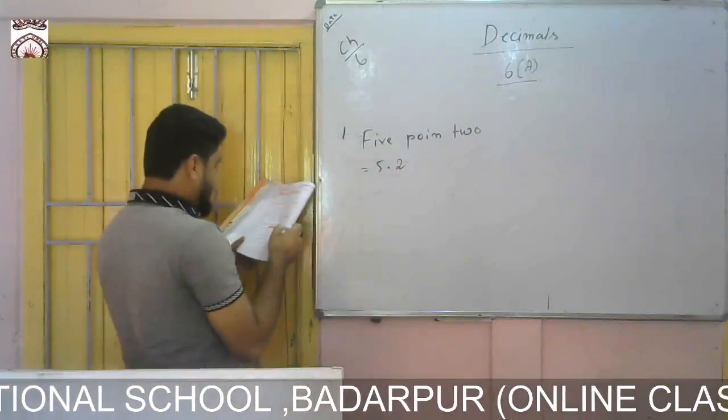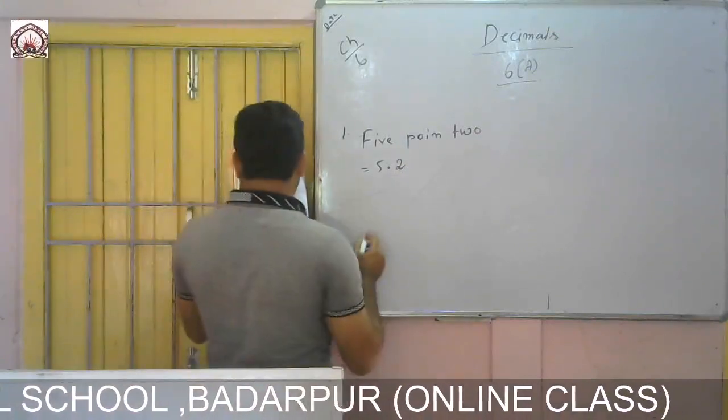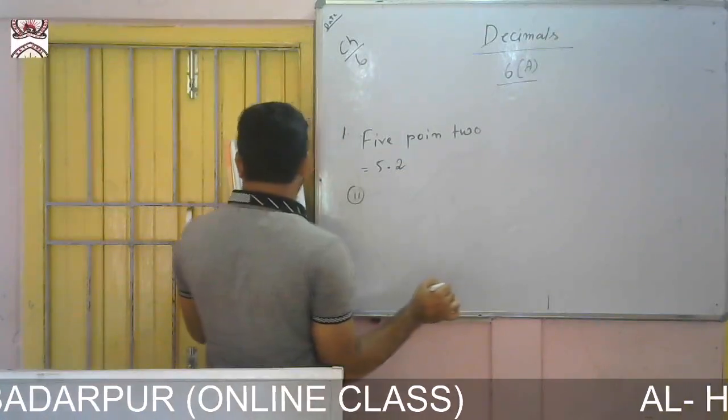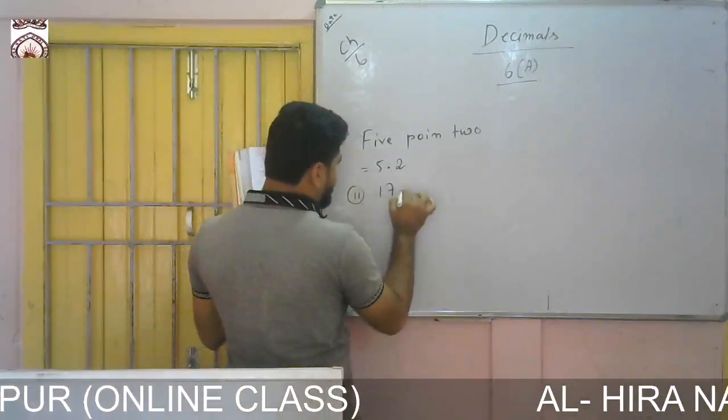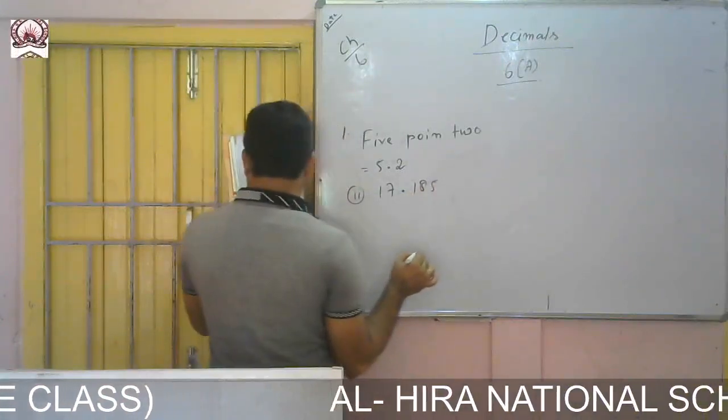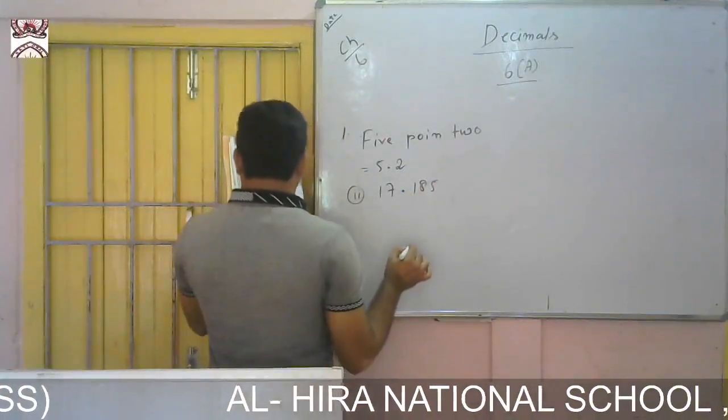Okay, so like this you can write everything. Let me show question number 2. 17.185. So these are very easy. You can write all. Okay.